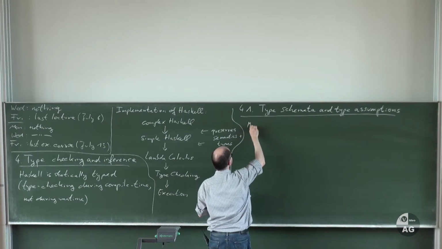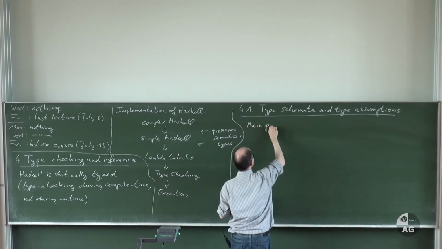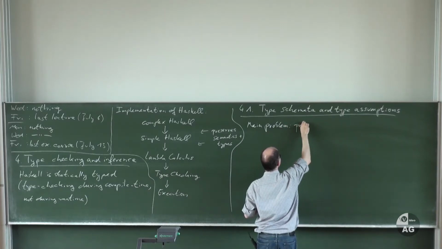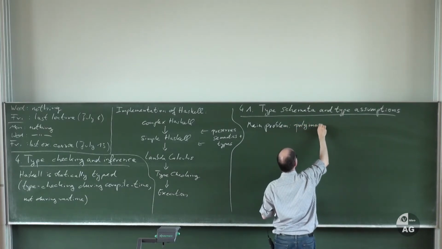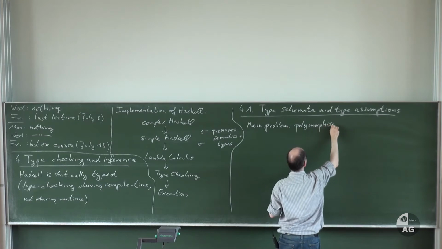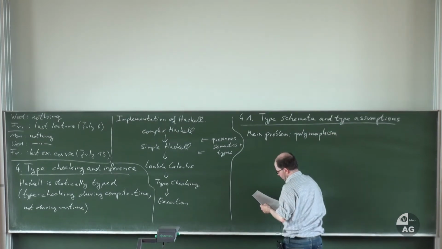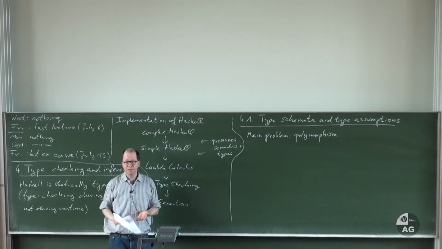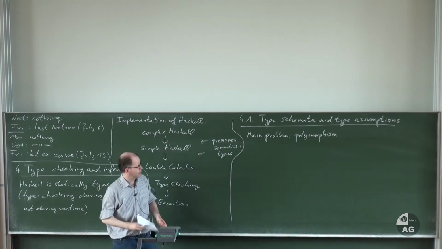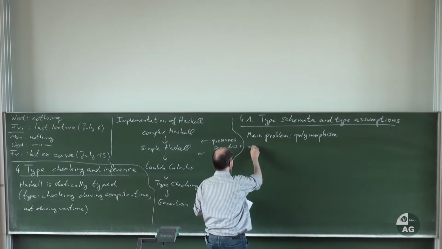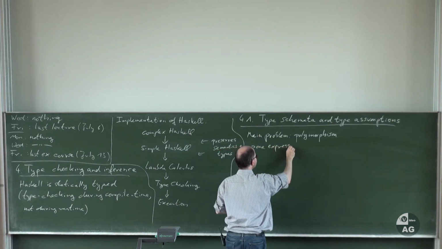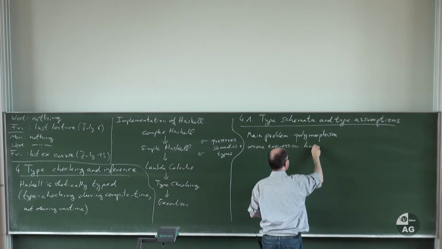So the main problem is polymorphism. So this is what makes type checking interesting in Haskell. So this means that if you have one expression, then this expression in fact has many types. So one expression has many types.